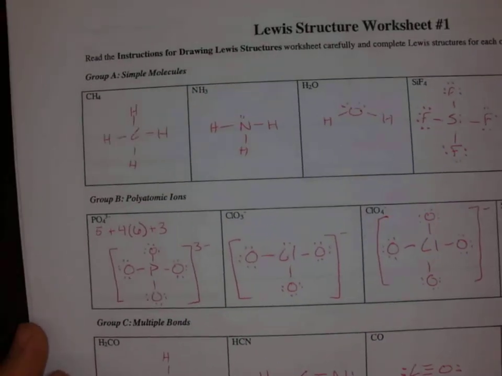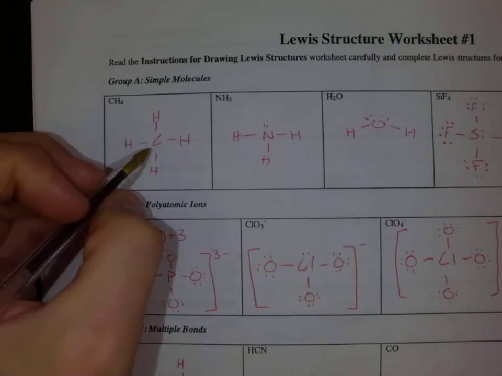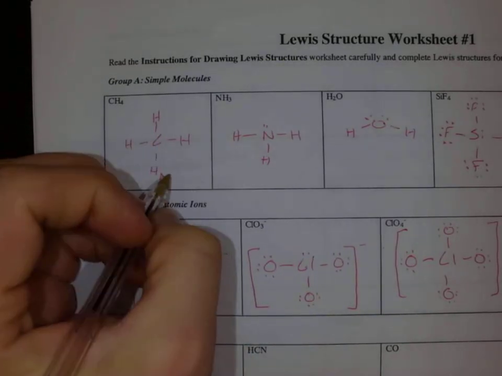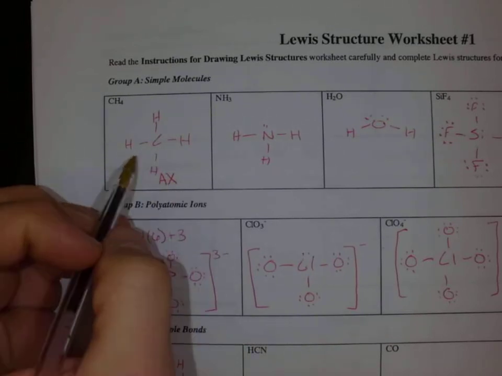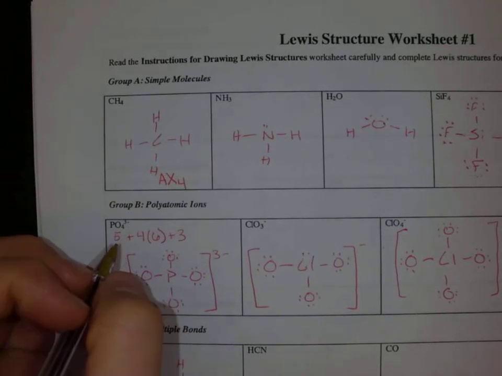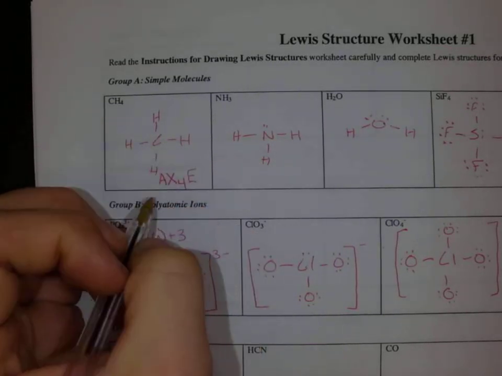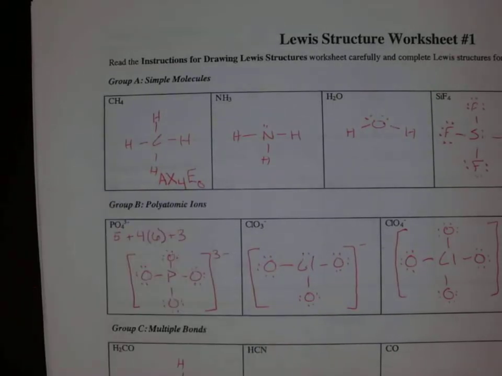Okay? So first, if we look at CH4 here, we would say carbon is the central atom. That's the A. X is going to be how many atoms we have bonded. 1, 2, 3, 4. So we're going to do a subscript of a 4. And then how many lone pair electrons? No lone pair electrons. That's going to tell me, oh, AX4E0, that's probably going to be a nonpolar molecule.